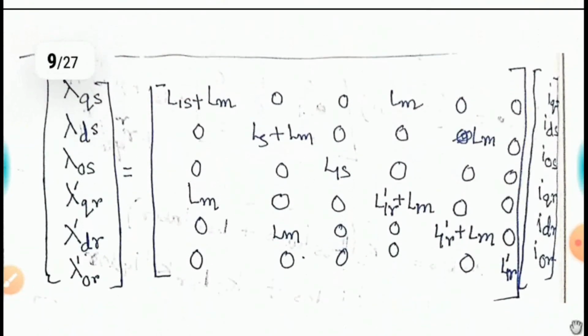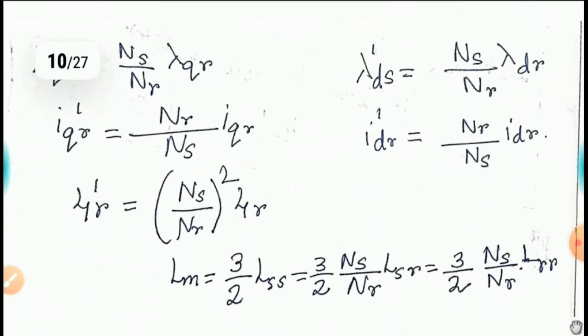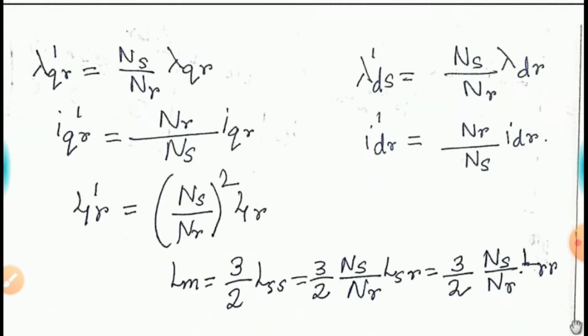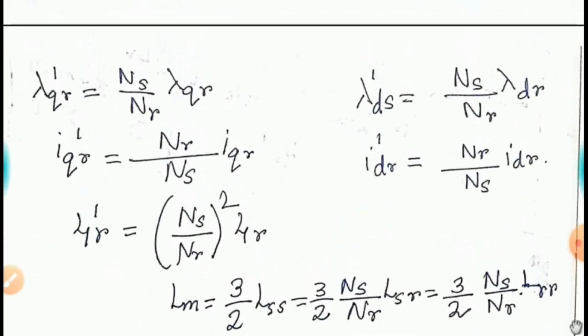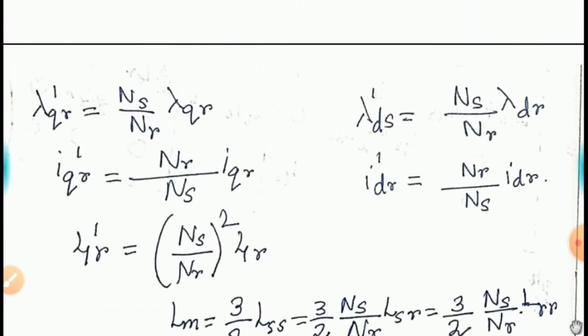So this is the total combined matrix here, and lambda qr dash, lambda dr dash are just following the transform formula. We can find out their value. They are just the rotor terms referred to our stator winding, right?